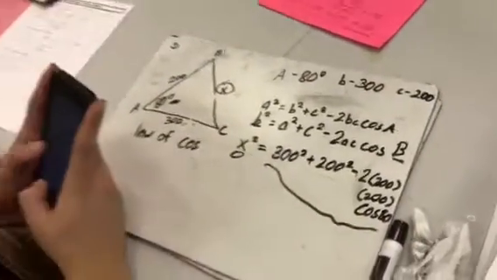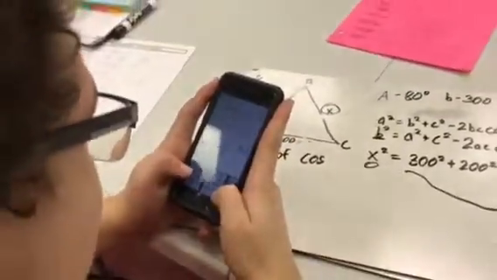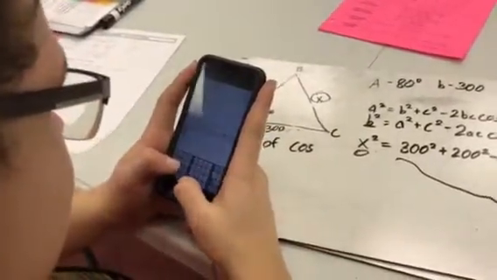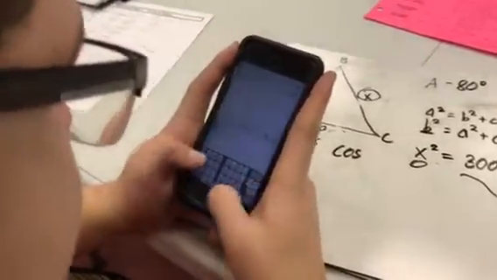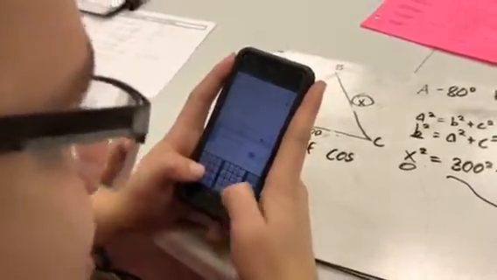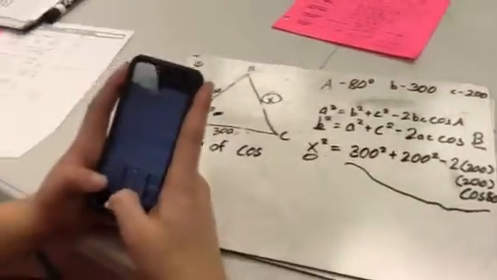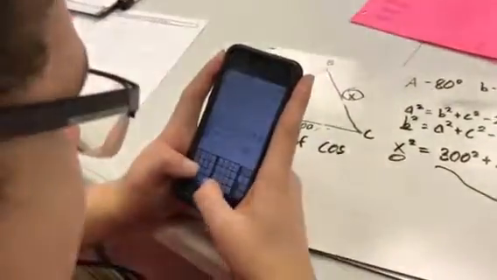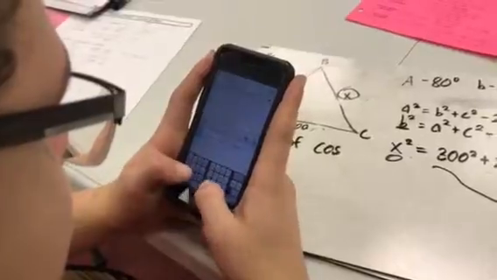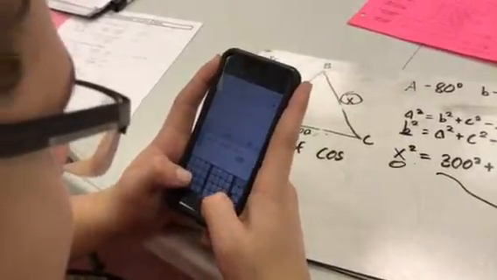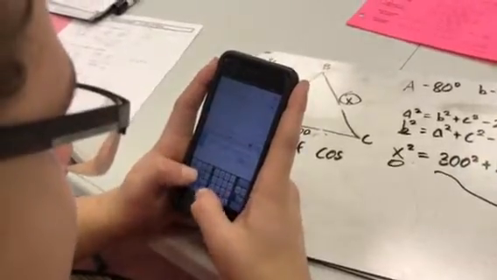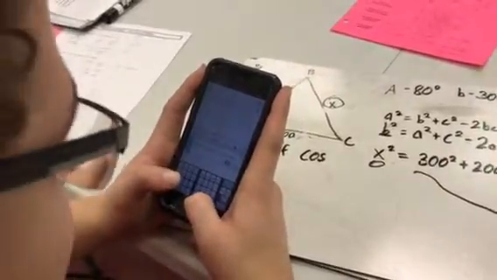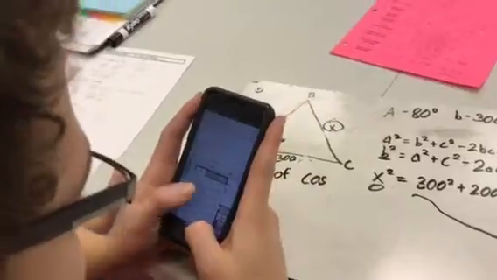I'm just going to use Desmos. I'm going to use 300 squared, and put it in parentheses to make it good. 300 squared plus 200 squared minus 2 times 300 times 200, and then we would just plug in cosine of 80.